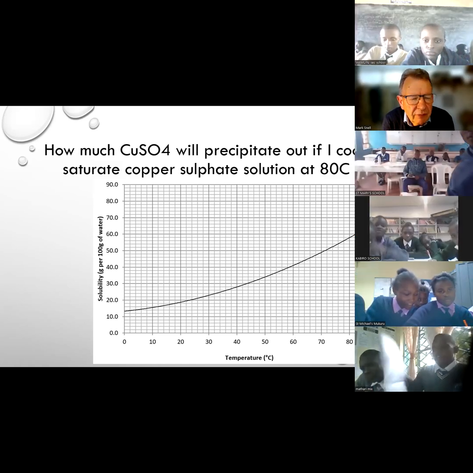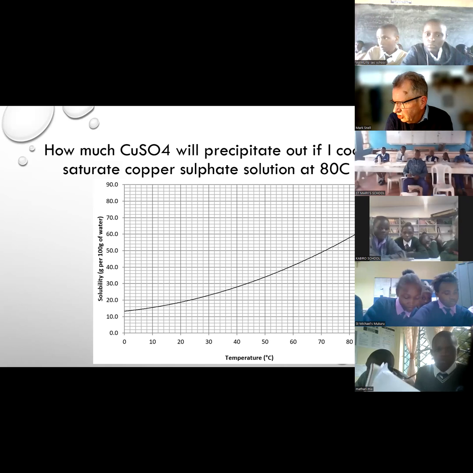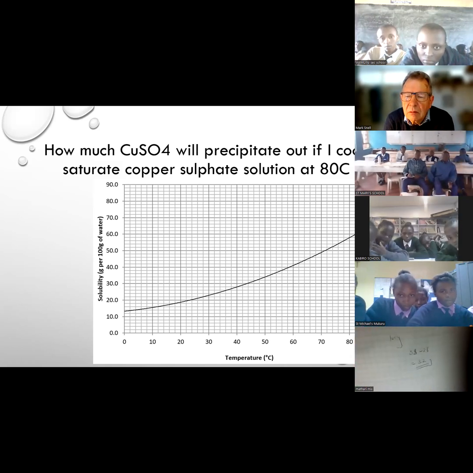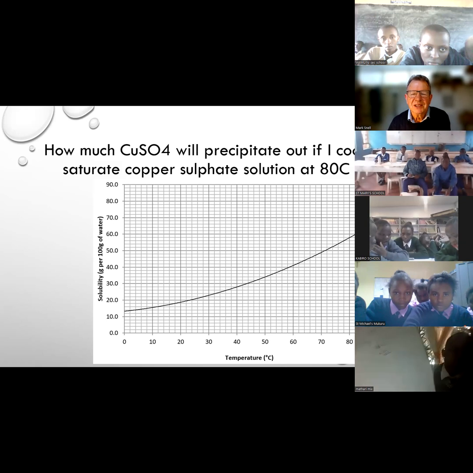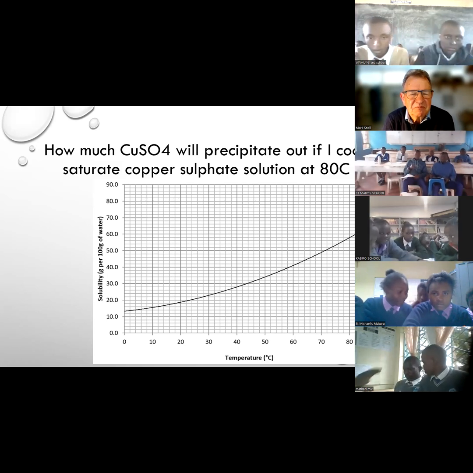So have a look at the graph. See if you can read it off. It is difficult. It would be much easier if you had a printout, but just see if you can read it out. Wow, 32. Quickly. Mathari, you are very fast. Okay, well, we'll see if you're right, won't we? Who was that? Put your name on that, please.